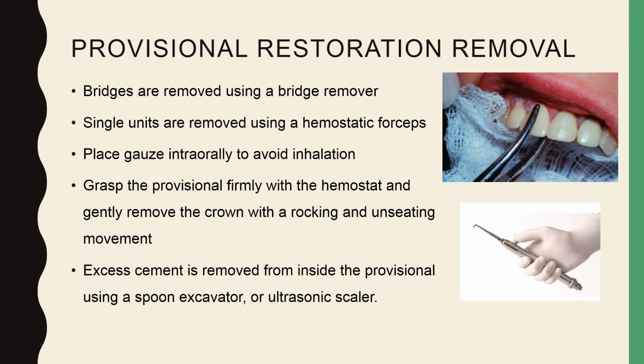To do that, place a gauze intraorally to avoid inhalation, and grasp the provisional firmly with the hemostat and gently remove it using a rocking and unseating movement. Any excess cement left inside the provisional restoration is removed using a spoon excavator or an ultrasonic scaler for it to be reused at the end of the visit.